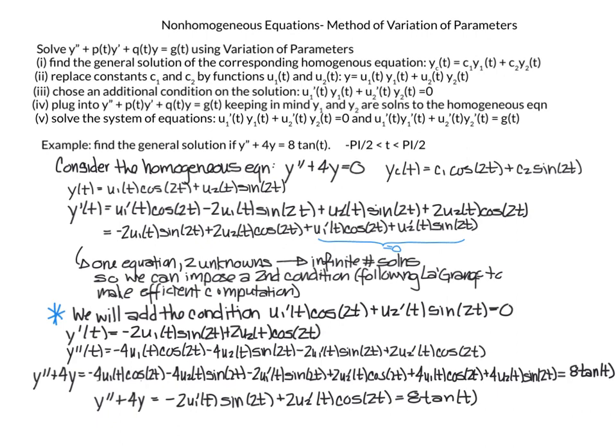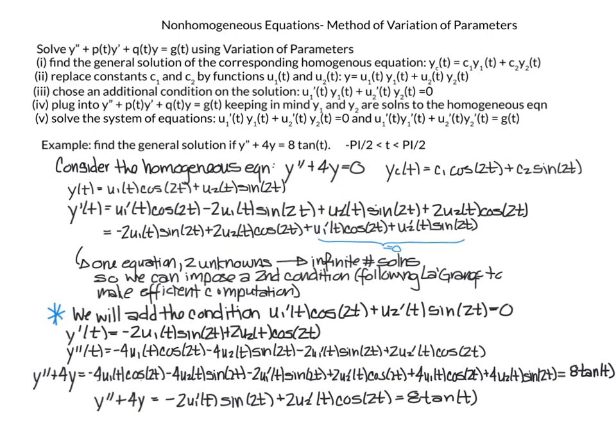Now we can plug our y prime and our y double prime into our differential equation, which is y double prime plus 4y equals 8 tangent t. So I've plugged it in here. I won't read it all out to you, but the whole equation is equal to 8 tangent t.